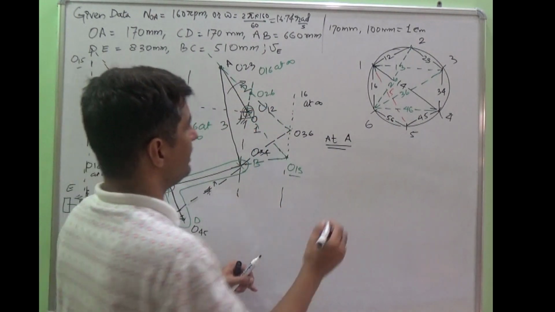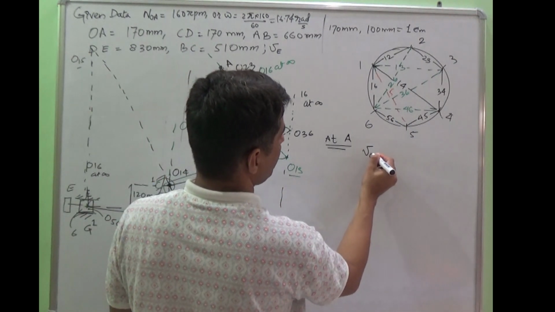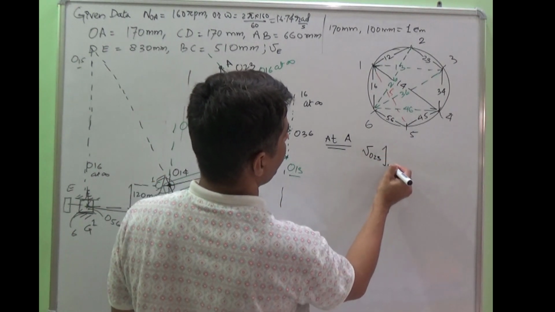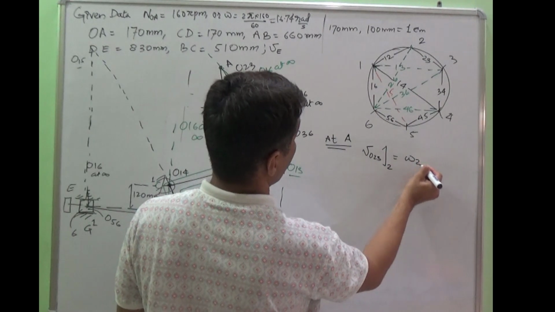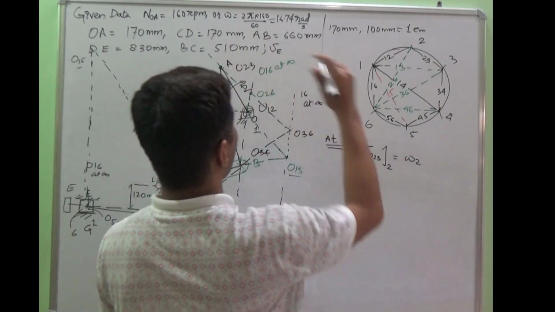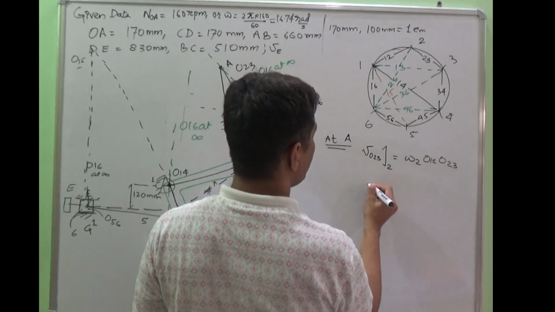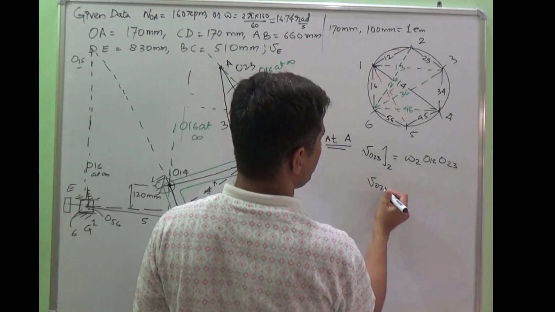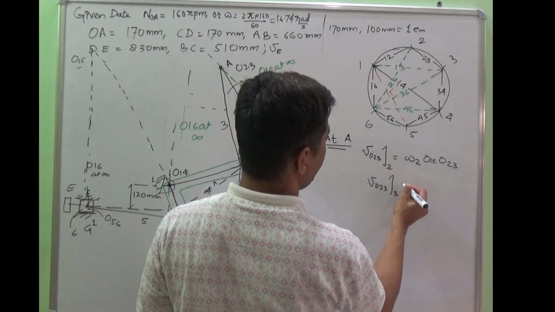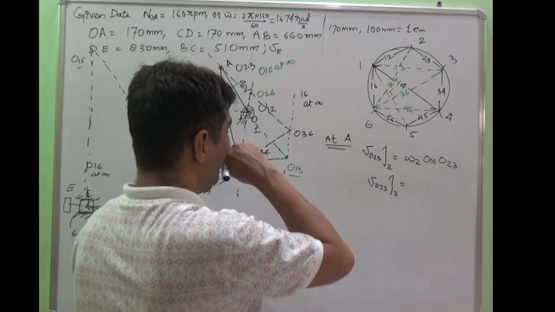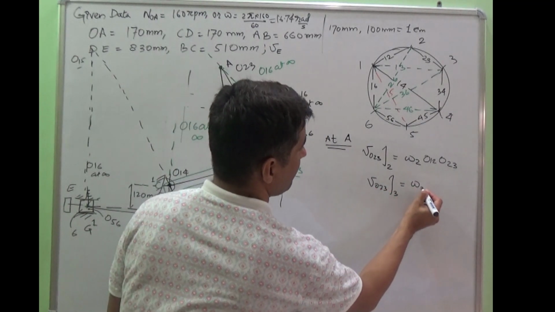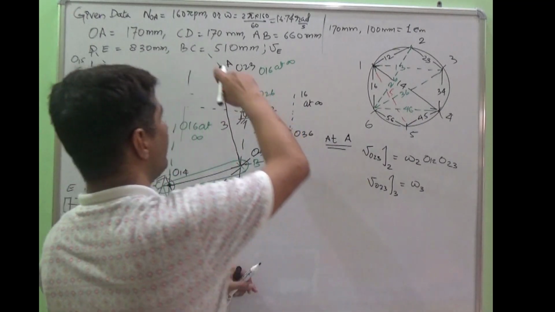To do that, again we can write the velocity of O23 if we assume it at link 2. So it is omega 2 multiplied by O12 O23. Similarly, if I assume O23 at link 3, then it becomes omega 3, because I am assuming O23 is lying on 3.